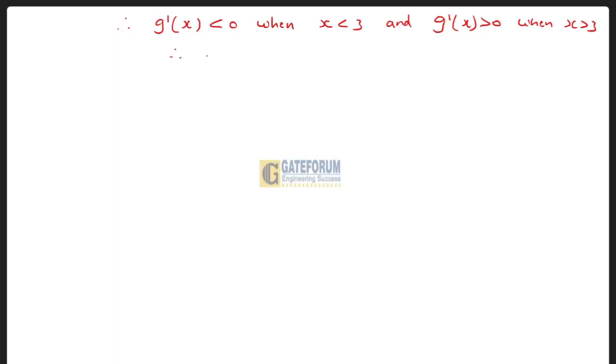Therefore, g of x is minimum at x is equal to 3 using the first derivative method.